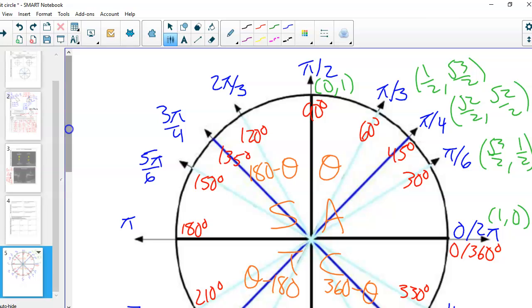For 2 pi over 3 or 120, that's 180 minus 120, so we're at 60. So we're going to use this, but sine is positive here, so cosine will be negative. 135, we're going to do 180 minus 135, so 45, but sine is still positive.